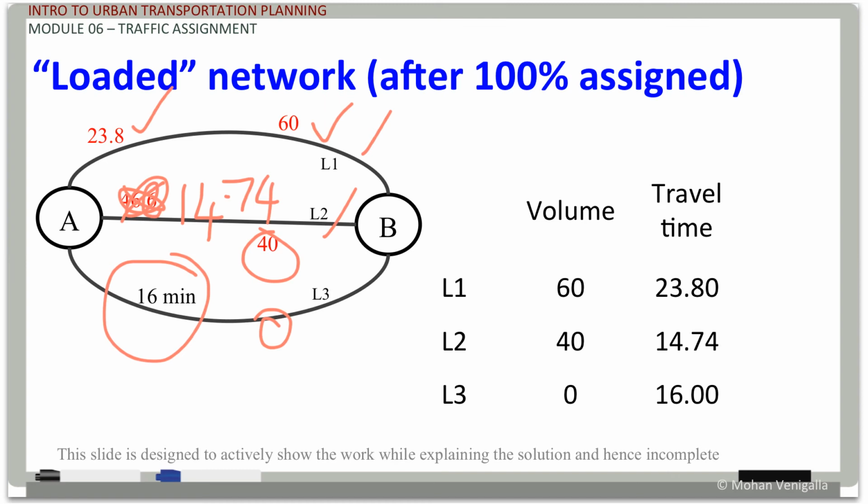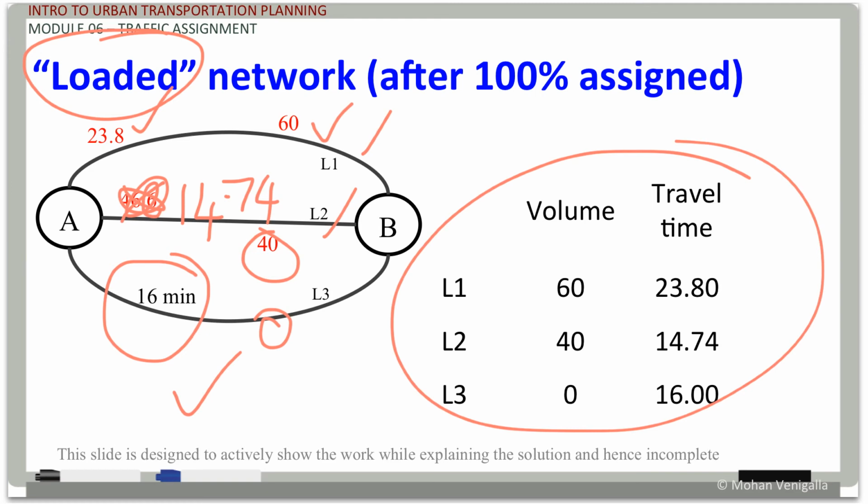So, realistically speaking, it's not realistic. So this term loaded network comes from the fact that we have now loaded everything onto this network, and the network picture looks like this, and in a report it looks like this. You will have volume and travel time identified by link.